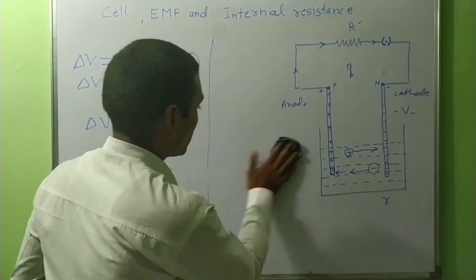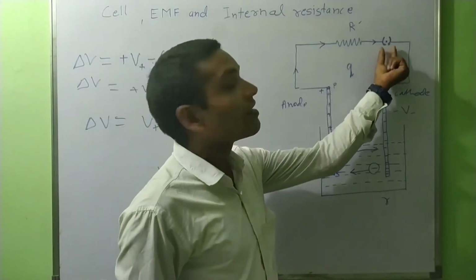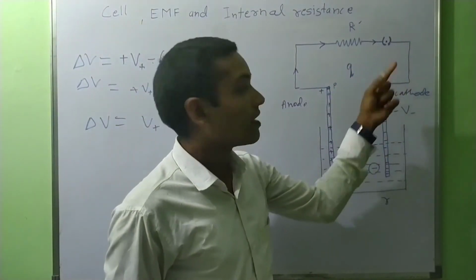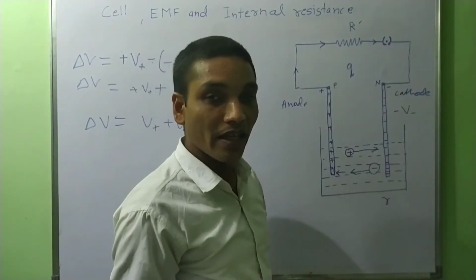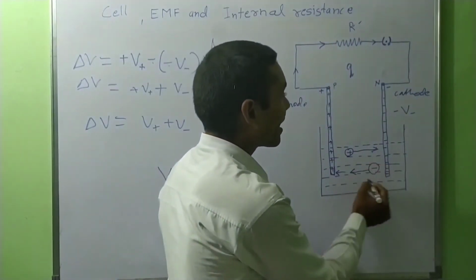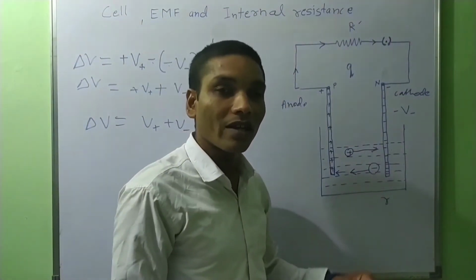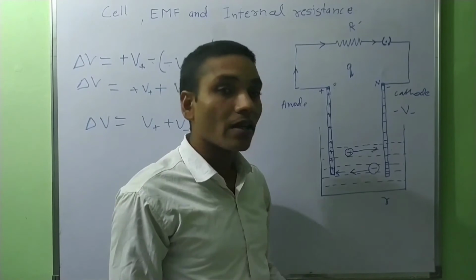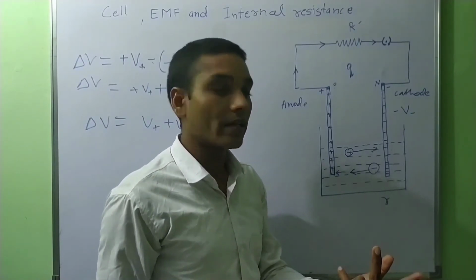So when this circuit is closed, the current will be flowing through the conductor. In this condition, the molecules of the electrolyte dissociate into two ions, positive ions and negative ions.